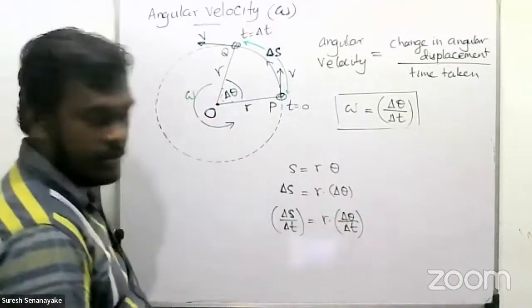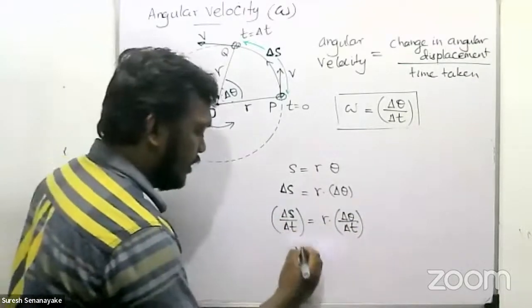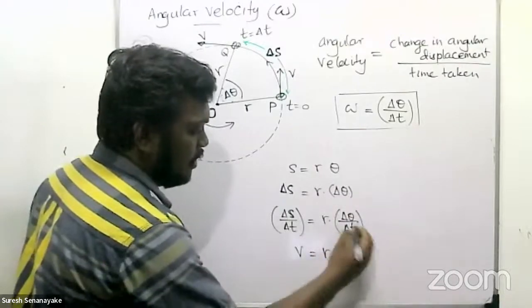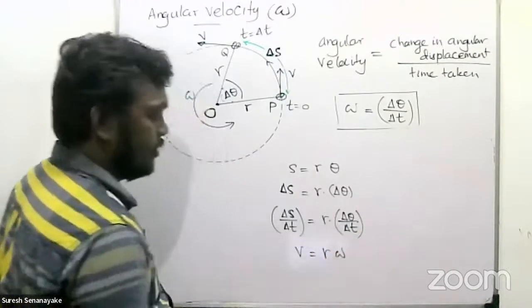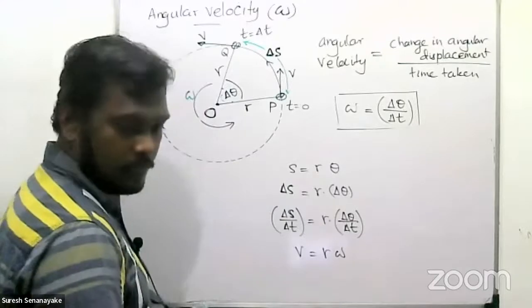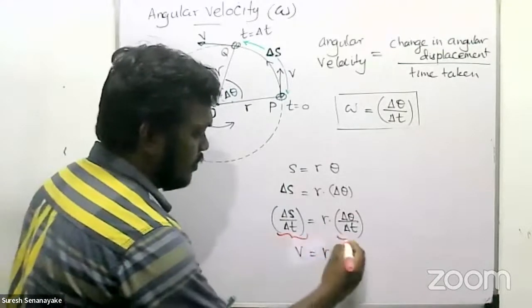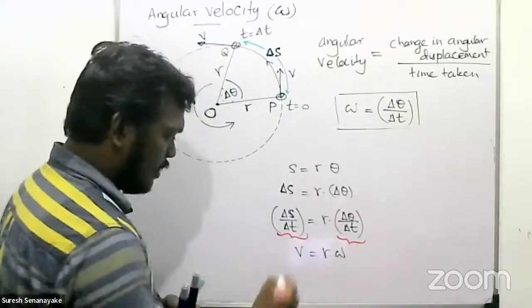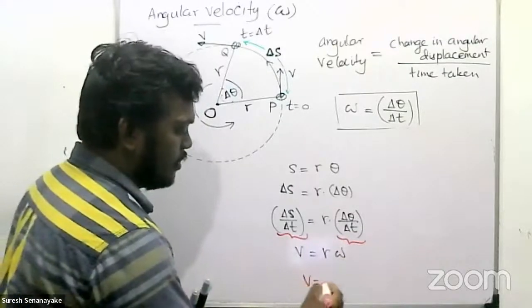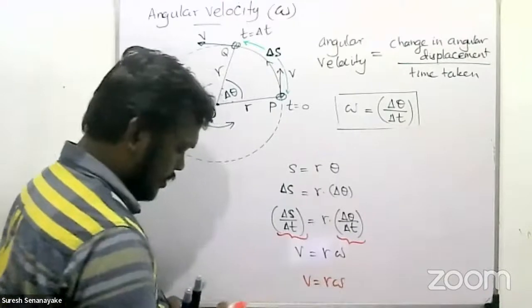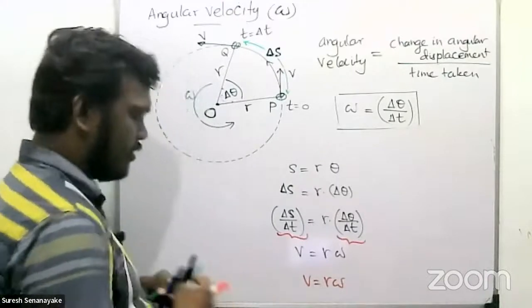This is the linear velocity, and this is the angular velocity. So you can write v equals R omega. You need to keep this in mind also.